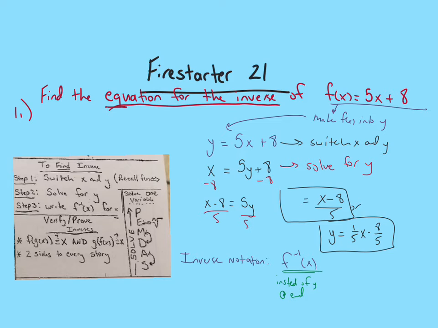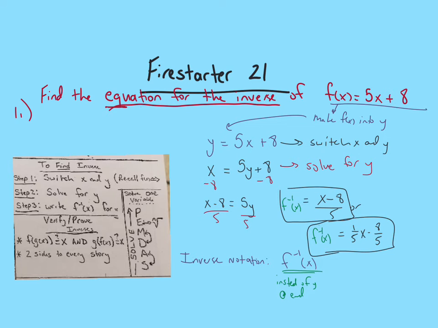Instead of y, I'm going to put f inverse of x. So just f with the little -1 means f inverse of x. That's it. That's how we do that.